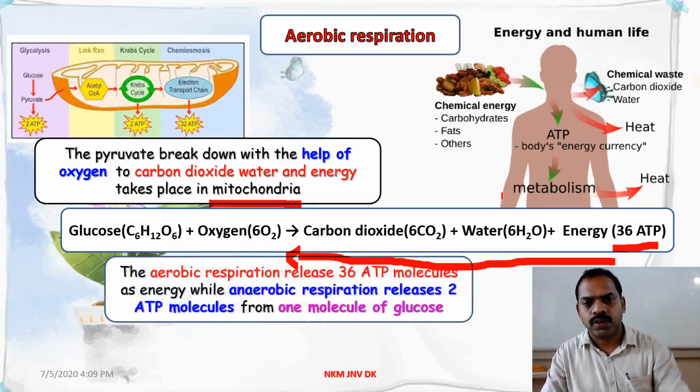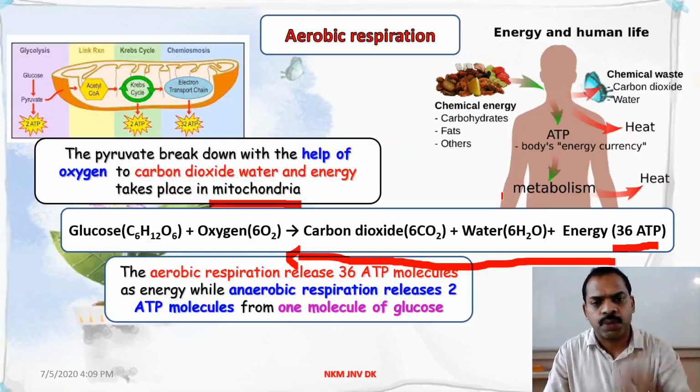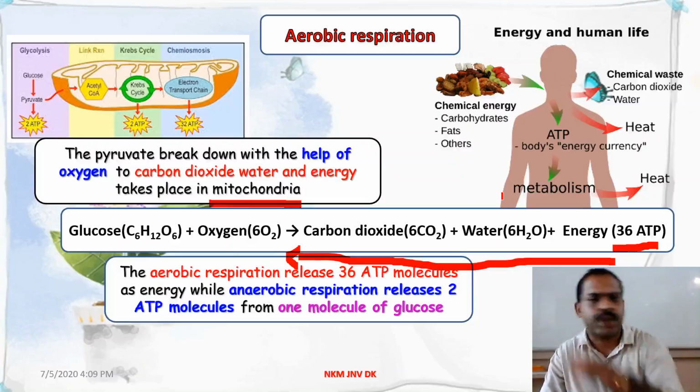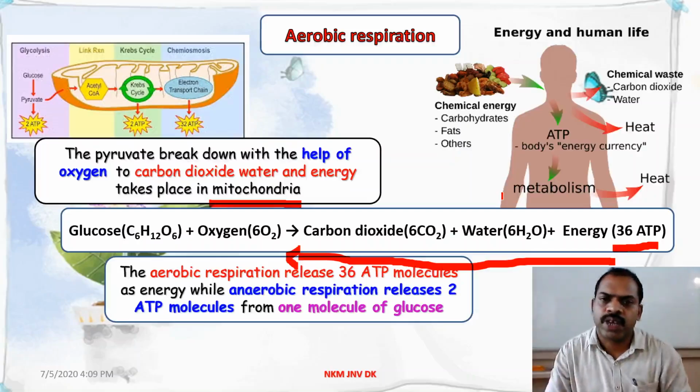So that is a comparison we can write down: aerobic releases 36 ATP molecules, anaerobic releases 2 ATP molecules from one molecule of glucose. The basic differences are where it takes place, how much energy is produced and what the byproducts are. We can compare aerobic and anaerobic.